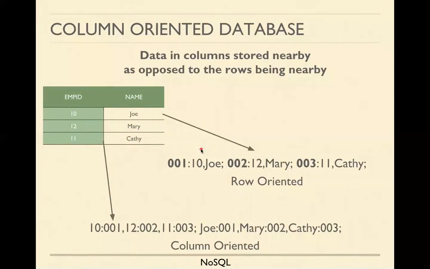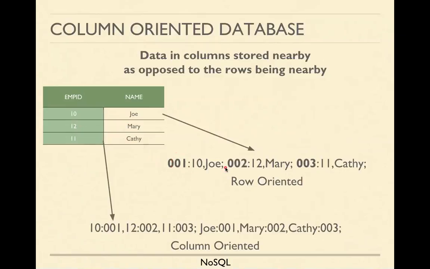Coming back to it, a table can be converted into a sequence of characters, either row wise or column wise. For example, in the typical sense, when we are storing a CSV file, this is what we are trying to do: Emp ID, name, then 10, Joe, after that 12, Mary, 11, Kathy.